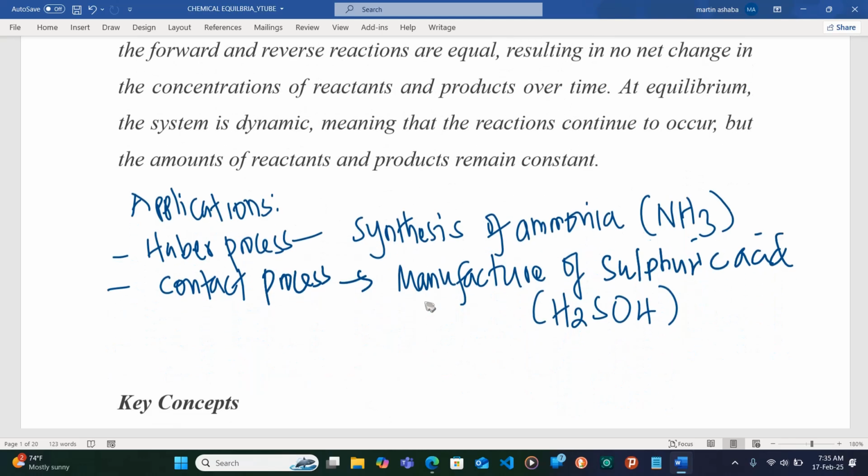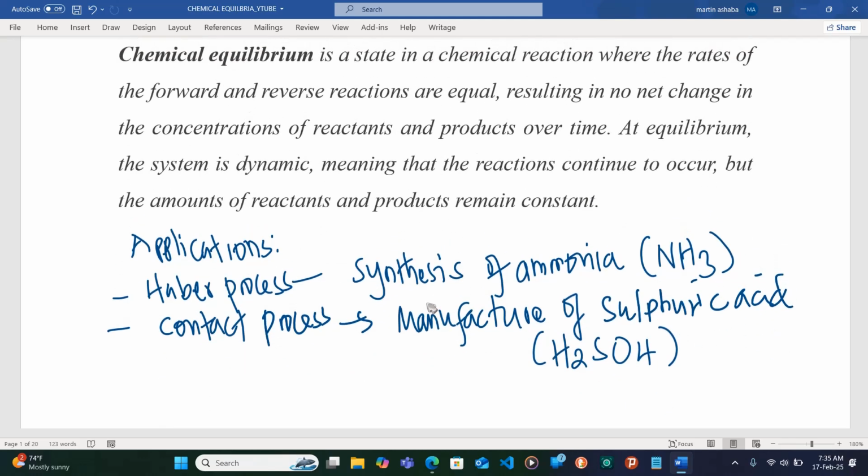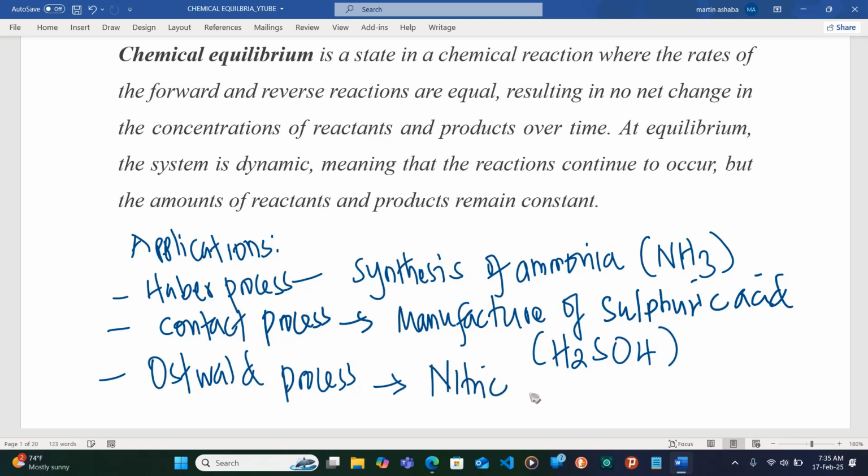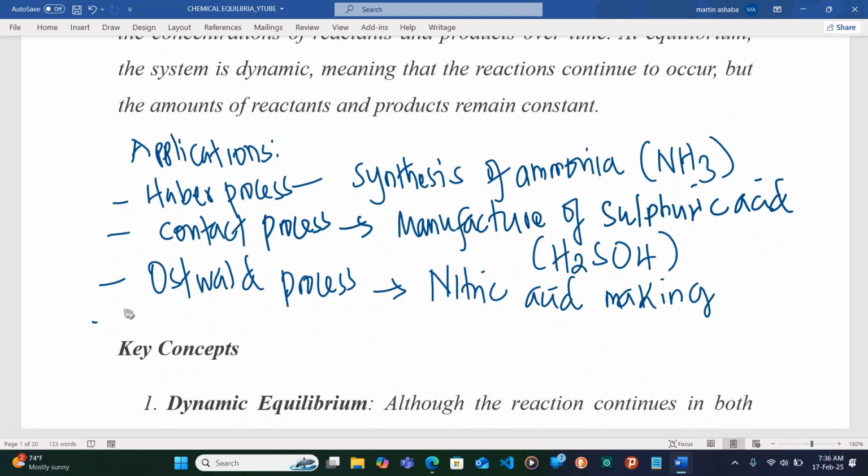The other important process where we have the application of this chemical equilibrium is what we call the Ostwald process. That is a process through which nitric acid is manufactured. There are many processes, including even methanol synthesis.